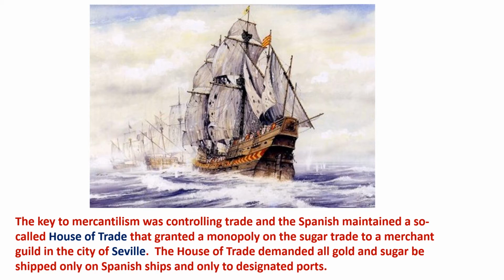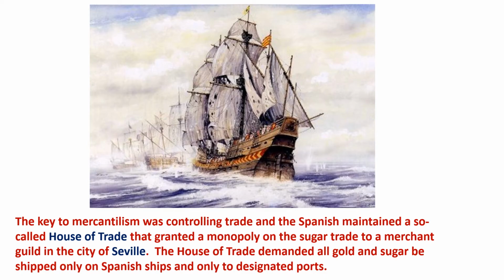And the Spanish maintained a so-called House of Trade that granted a monopoly on the sugar trade to a merchant guild in the city of Seville. The House of Trade demanded all gold and sugar now be shipped only on Spanish ships and only to designated ports, because if the gold were sent from a Spanish colony to Spain on a foreign ship, it might not get to Spain. And so if they said it had to come to designated ports, they can keep track of it better.